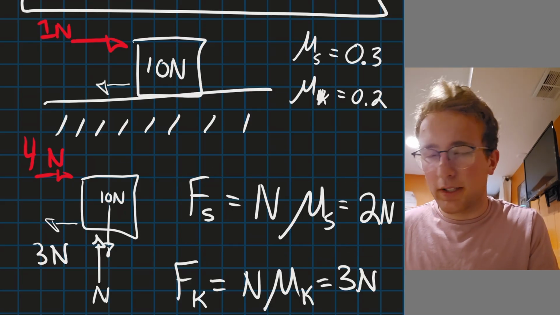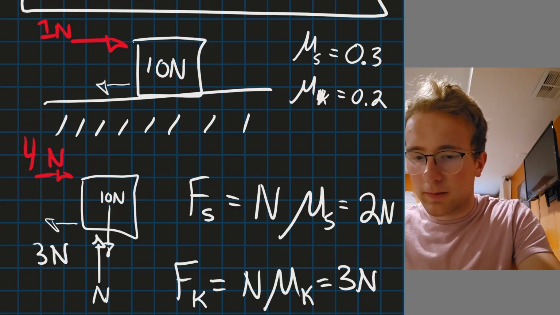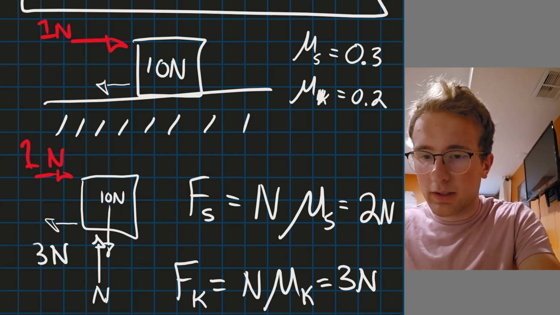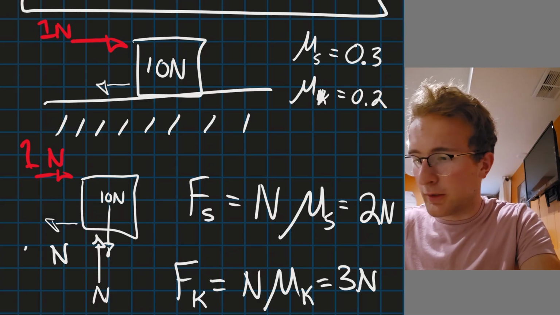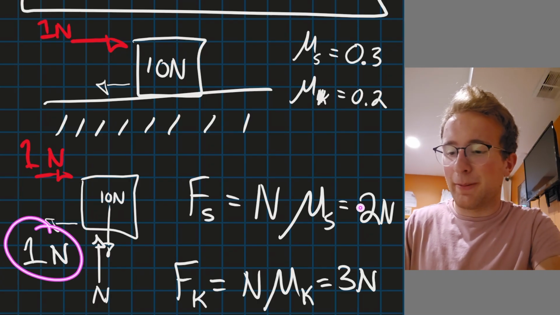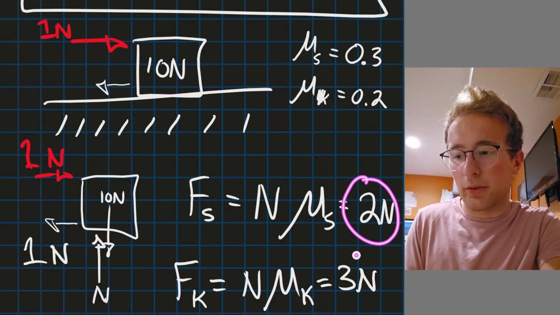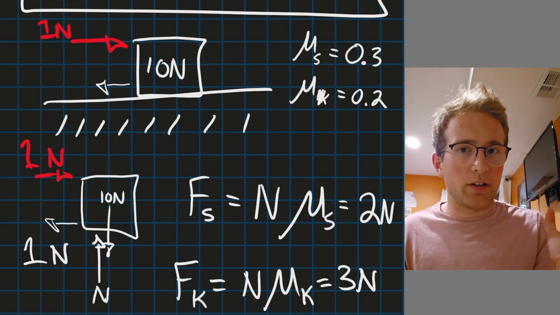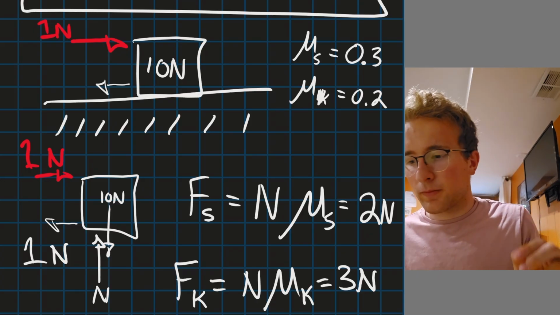If the friction needed, like if this was 1, so you need 1 newton of friction to keep it static, is less than or equal to the maximum amount of static friction, then everything's all good.